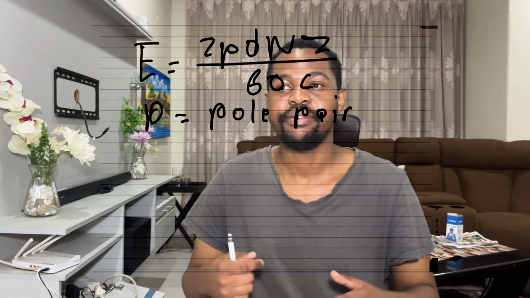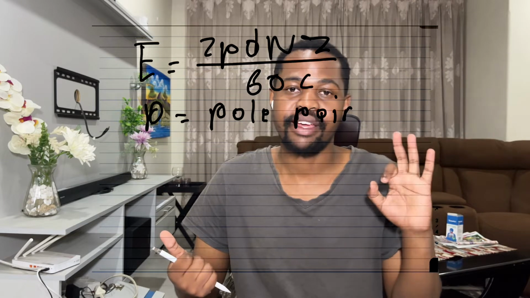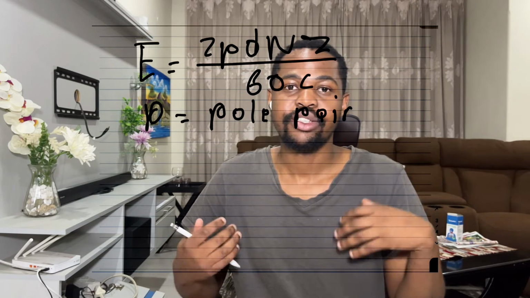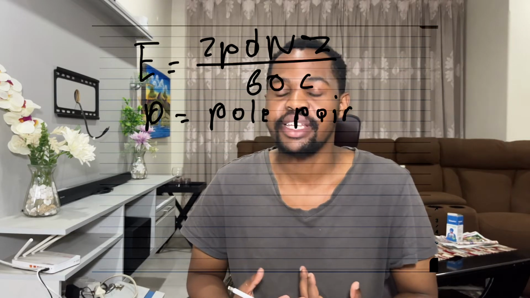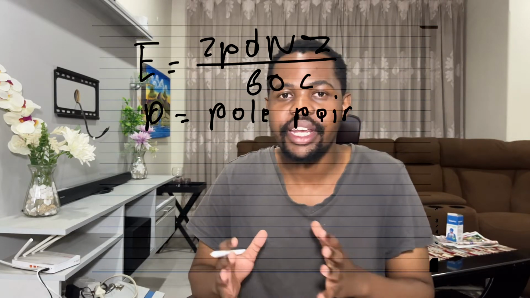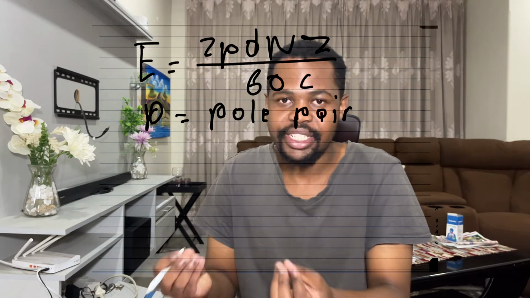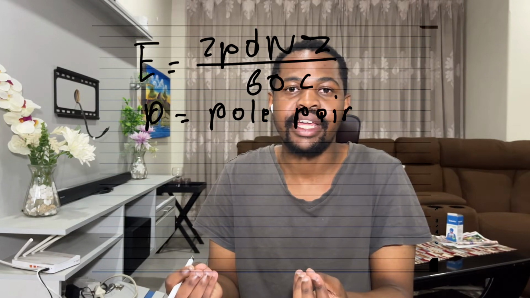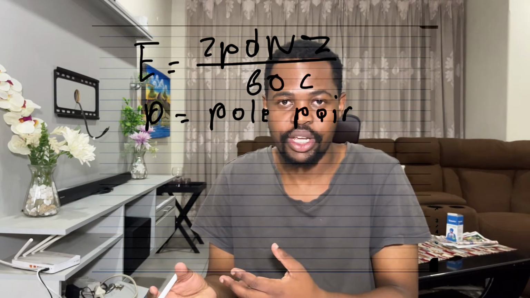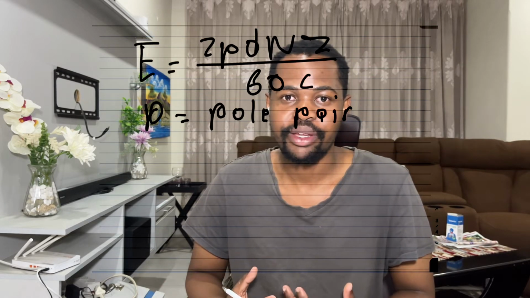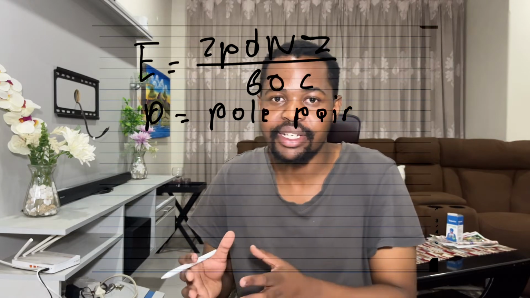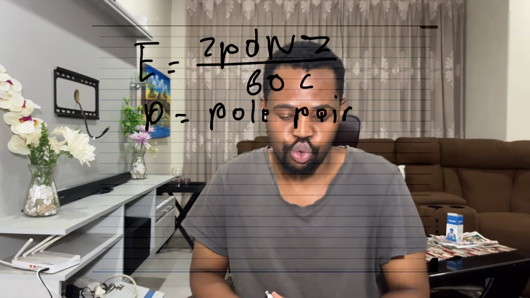If I have a 6-pole motor, that means I have 3 pairs. So the pole pair is the total number of poles of the machine divided by 2. You take the total number of poles of the machine, then you divide it by 2.